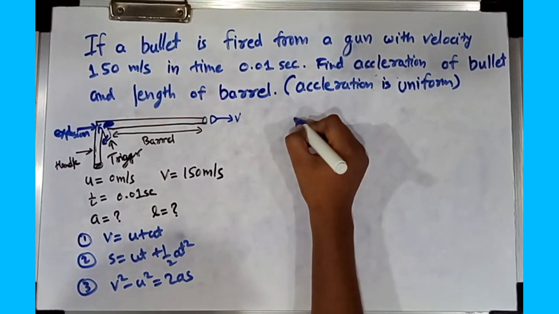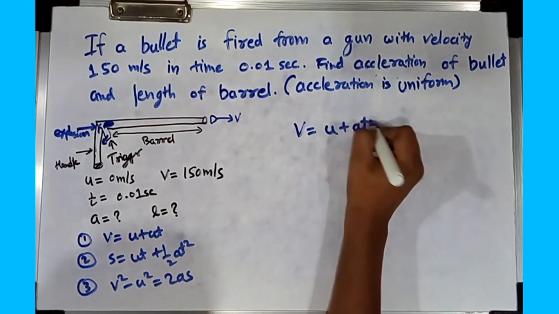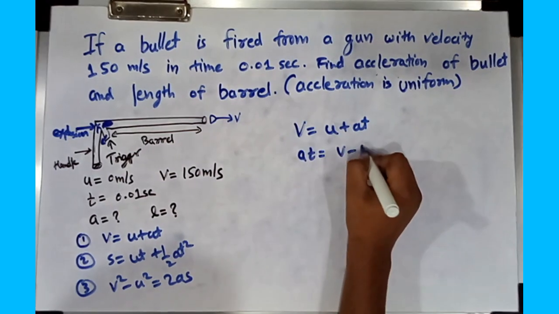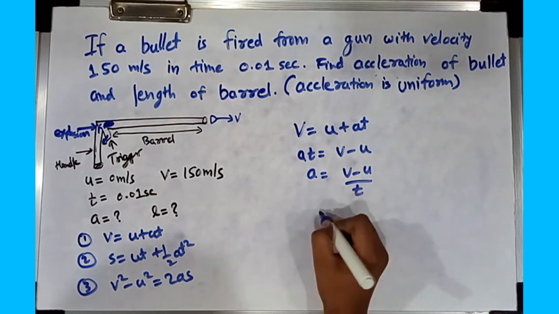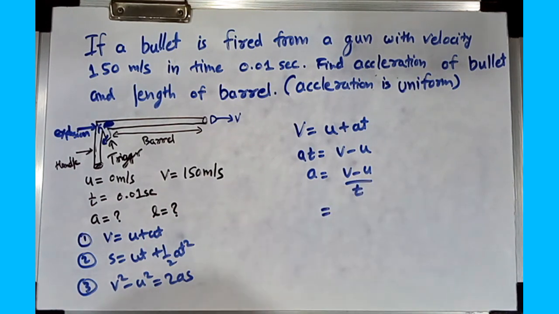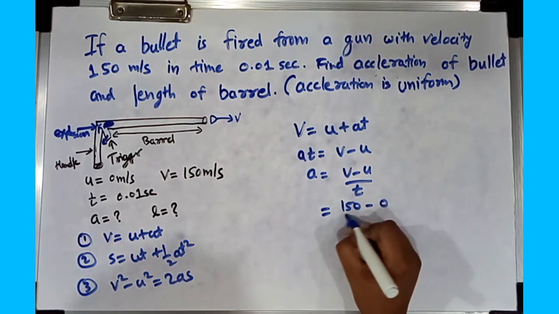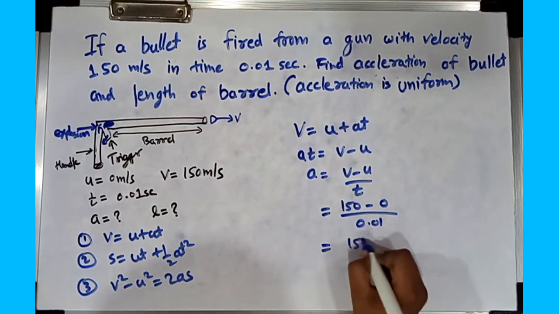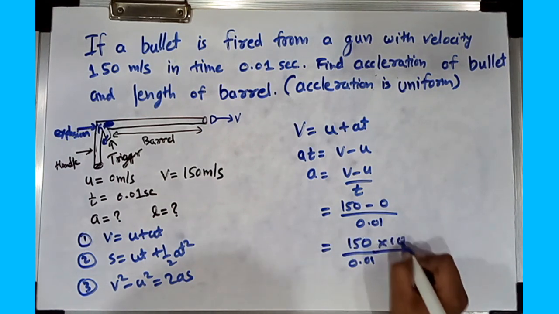So we are using that formula, v is equal to u plus at, or we can write it as at is equal to v minus u, or a is equal to v minus u upon t. In this, the value of v is 150, the value of u is 0, and the value of t is 0.01. We can write it as 150 upon 0.01. For this we will multiply and divide by 100.